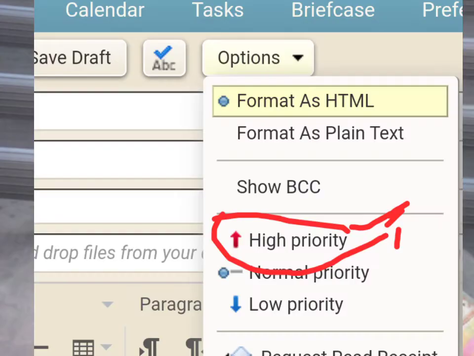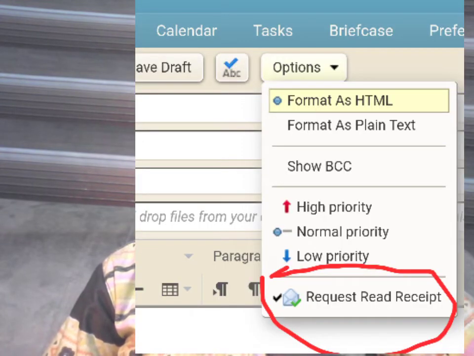There are some email systems where you have the opportunity to select whether you want the mail to be high priority, mid priority, or low priority. Click on the high priority. It is also important to click on read receipt. This will give you an idea as to the best times that your emails work very well.